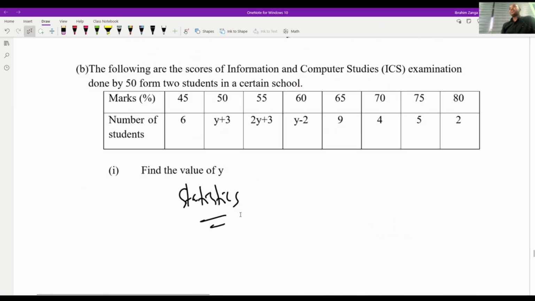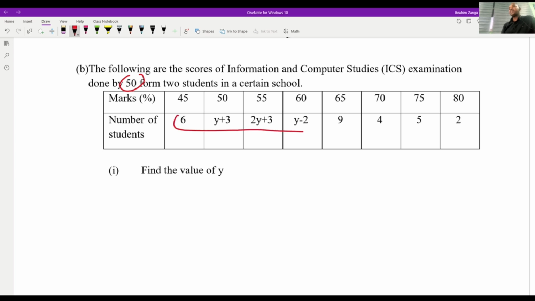The following are the scores of the Information and Computer Studies, ICS, examination done by 50 students in a certain school. We are supposed to find the value of y. So how do we find the value of y? We are going to add the total number of students.